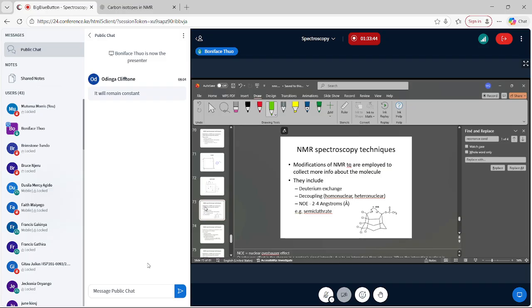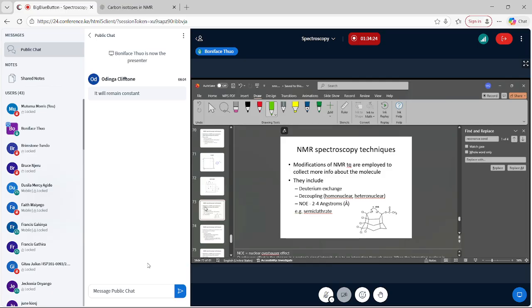So this is whereby, when observing a proton, for example, and then a coupled nucleus is irradiated, you may get an enhancement of the intensity or a decrease in intensity of the observed proton resonance. Okay, so that is what is known as the nuclear Overhauser effect.